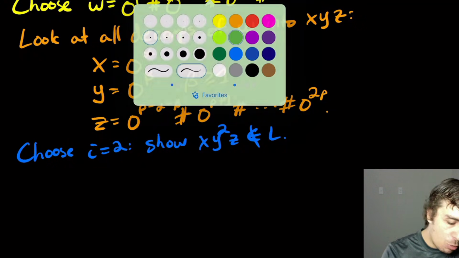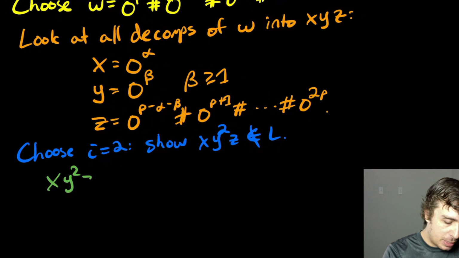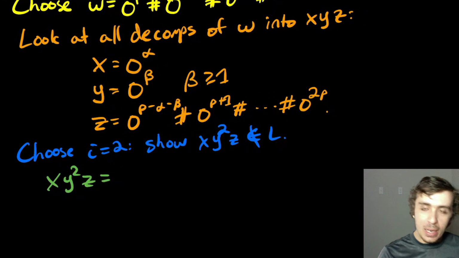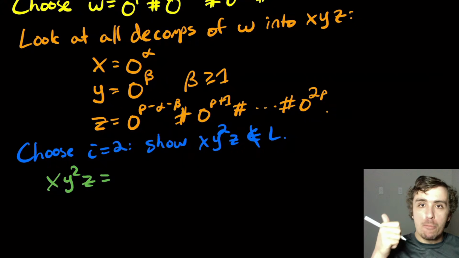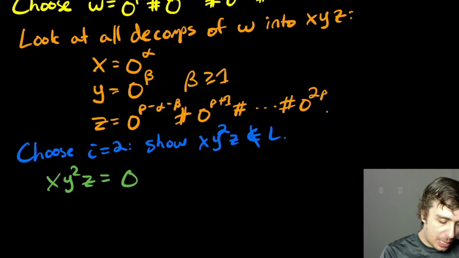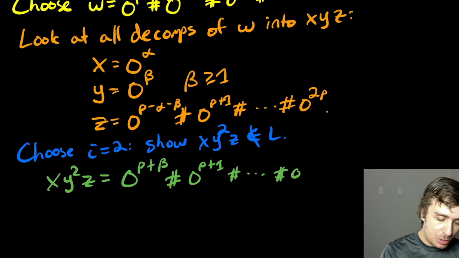So let's compute what that is. X, Y squared Z. We're basically just going to get a gain of beta in the first run. So we're going to get P plus beta, pound sign, P plus 1, pound sign, etc., pound sign, 2P.